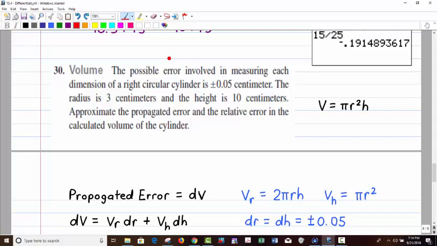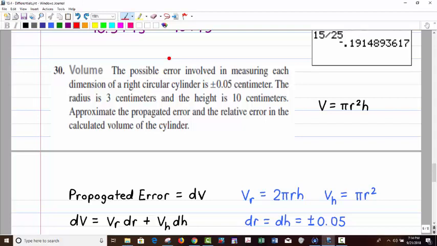All right, now this is using terminology from the section on differentials in Cal 1. The propagated error is the same thing as finding the differential. That's the differential. In other words, we're saying that we can't really get the exact value here. So we're going to use the differential to approximate the exact value.